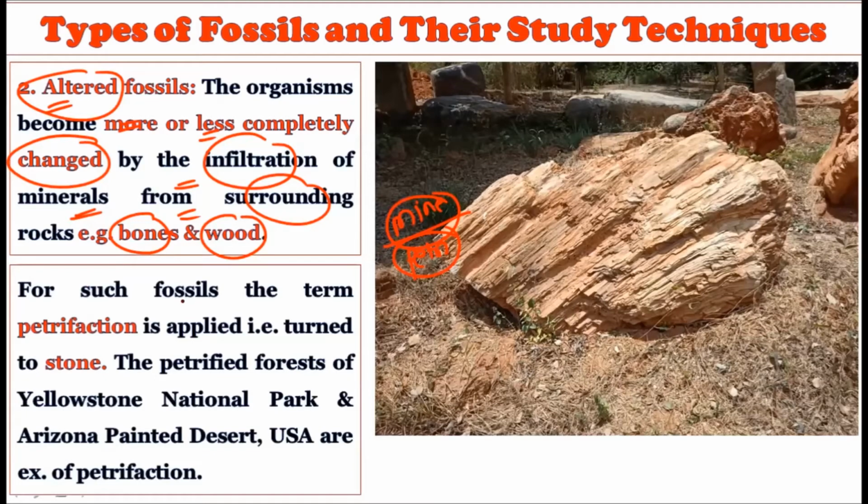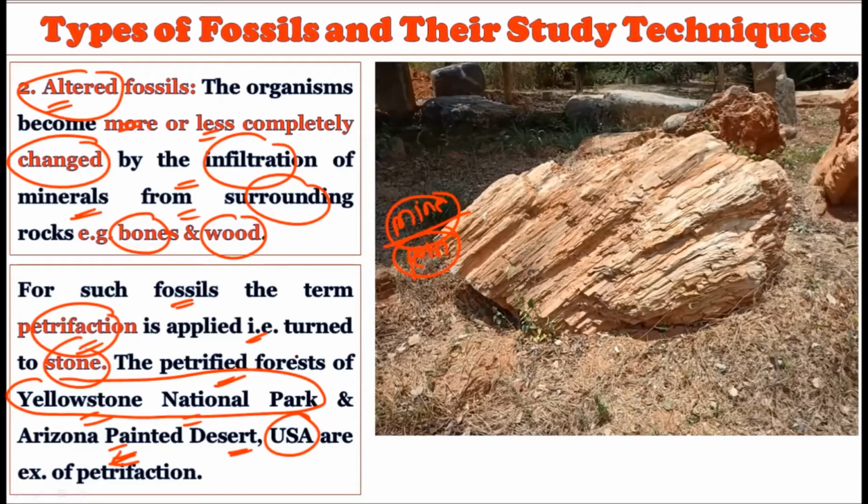Now see, for such a fossil, the term petrification is used, that is turning into stone. The petrified forest of the Yellowstone National Park and the Arizona Painted Desert of the USA are examples of petrification. If you go to the Yellowstone National Park, there you will find the petrified forest. That is a complete forest which got suddenly buried inside the water or inside the Mother Earth, and was not exposed to fossil records.